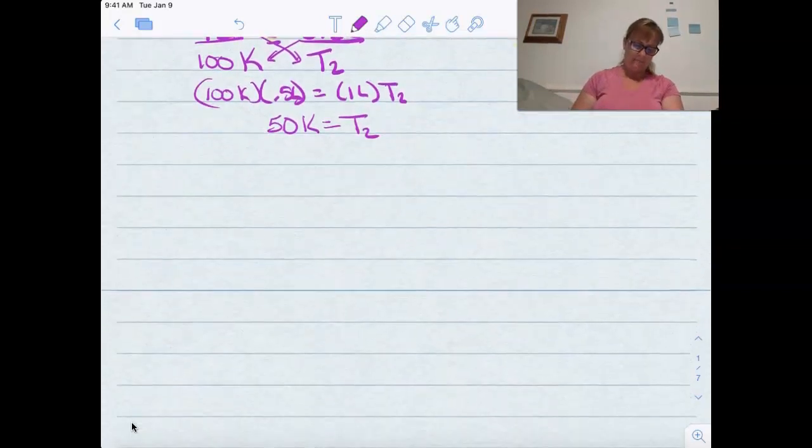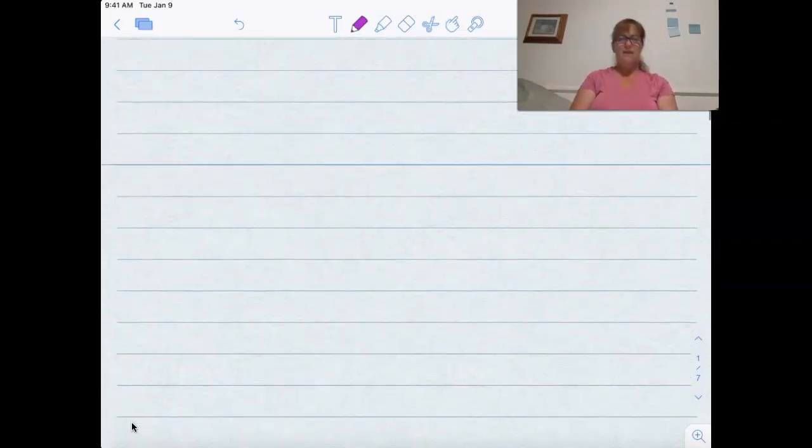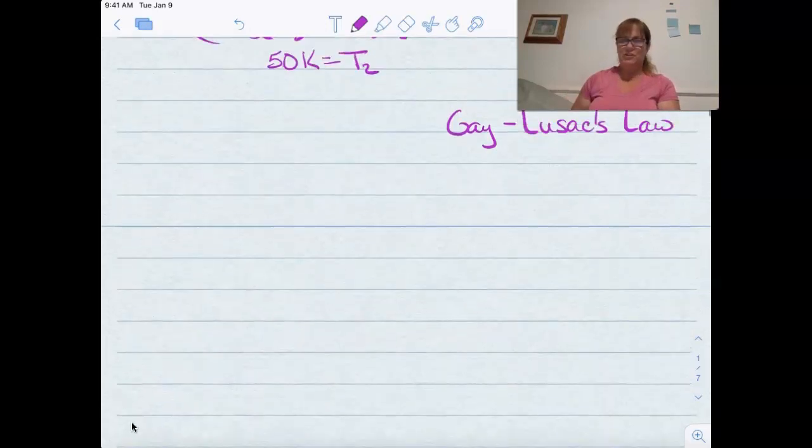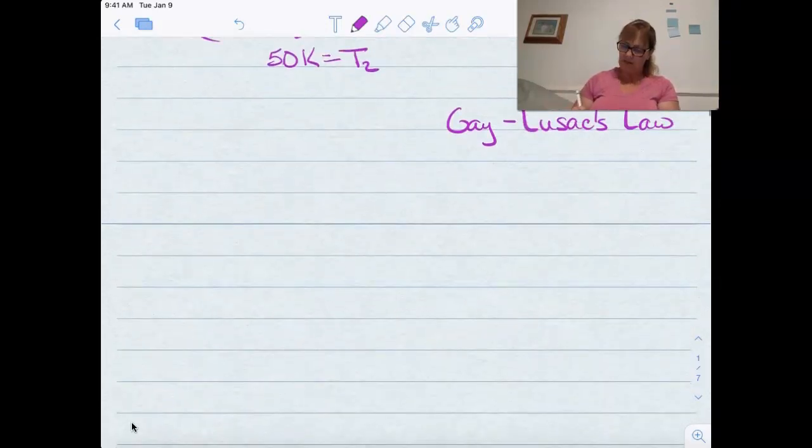Okay. Our last of the 3 men was a man named Gay-Lussac. And what he did was he looked at pressure and temperature. Right? And he found that, again, as temperature went up, the pressure went up. Or as pressure went up, the temperature went up.